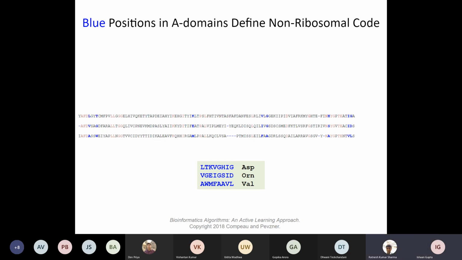So typically, whenever these kinds of experiments are being done, you would try to align two or more sequences. You would look at the conserved locations, right? And within those conserved locations, you would try to mutate them to see which of the conserved locations are responsible for the function.